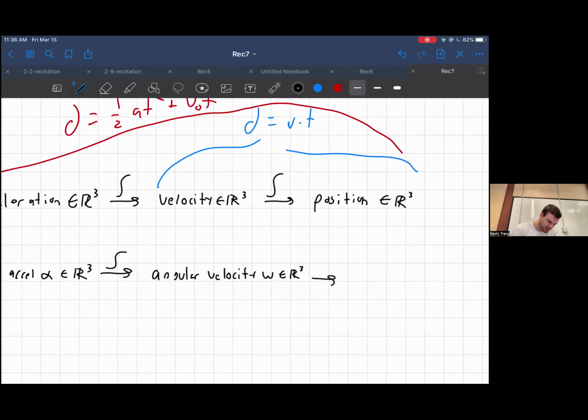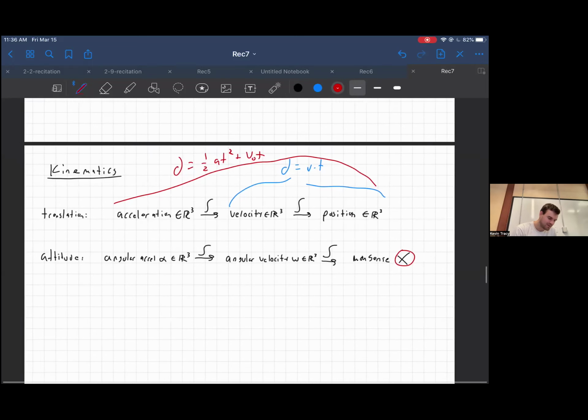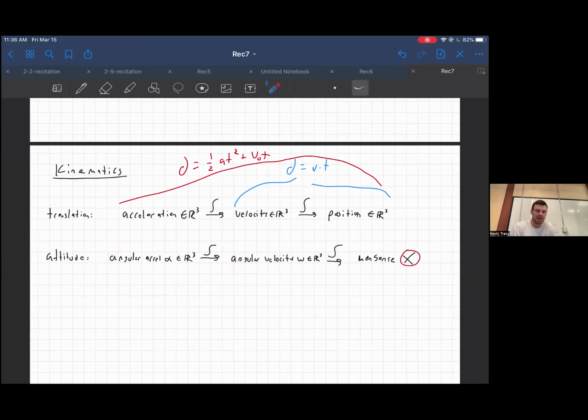And then now if I integrate this, I get nothing. I get nonsense. So I can integrate my angular acceleration to get my angular velocity, but then if I integrate my angular velocity into another R3 vector, I get just random nonsense. It's not attitude. It can't back it out. It means nothing. And this is why this is all so difficult.